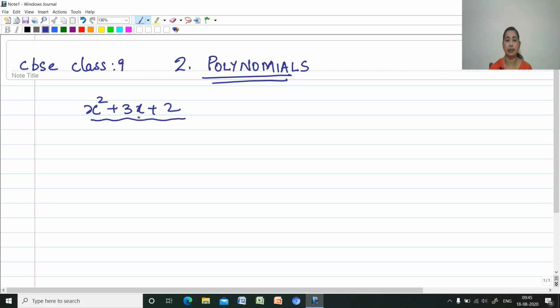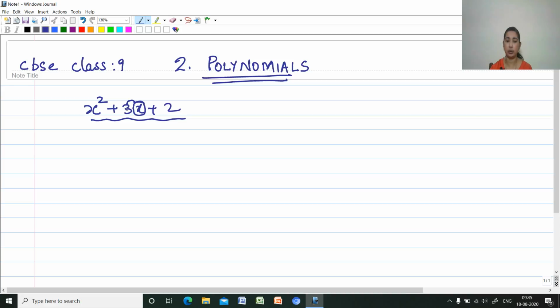The first term has power 2, the second term has power 1, and the third term does not contain any variable. A variable means either x, y, z or t or whatever it may be, that is, any alphabet we are using here. So in x squared plus 3x plus 2, the coefficient of x is 3.